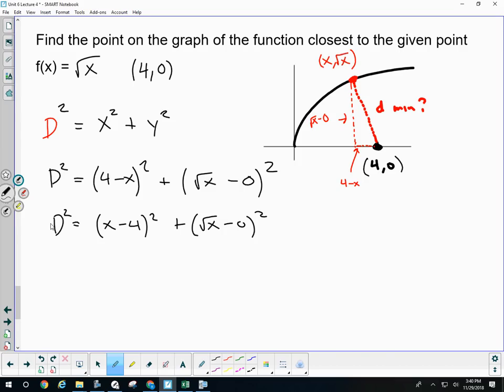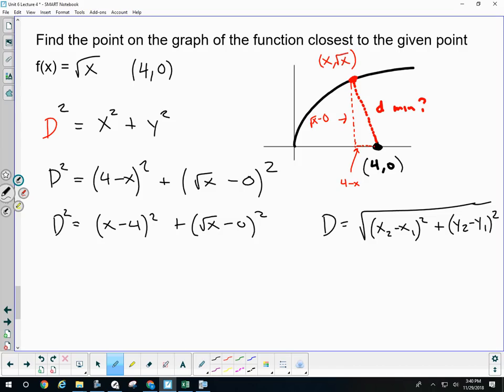And if you wanted to, you could take the square root. And what you will discover is the distance formula, which you've probably seen in geometry, in other math classes. The distance formula just comes from the Pythagorean theorem. It's just the square root of the change in your x's squared plus the change in your y's squared. Change in your x's gives you your x distance. Change in your y's gives you your y distance.